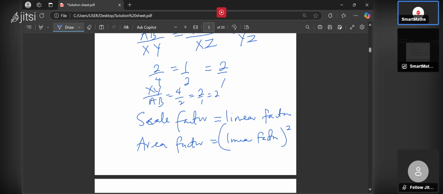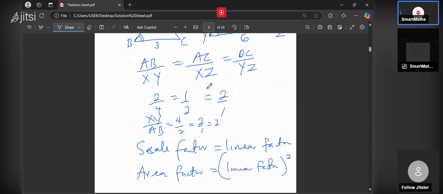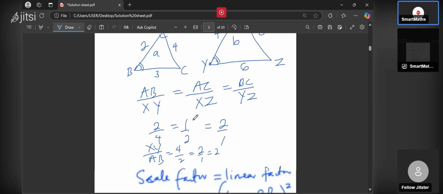So let's start with an example. The linear factor comes from the ratio of corresponding sides.